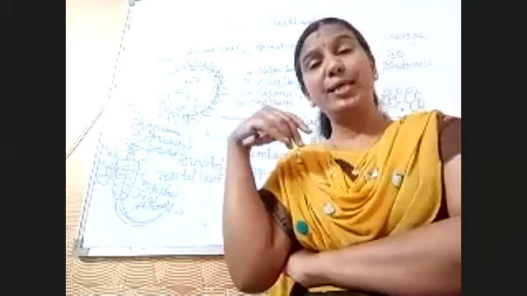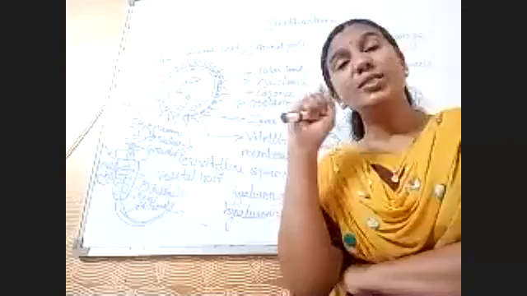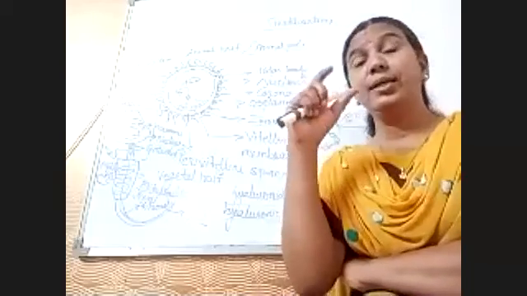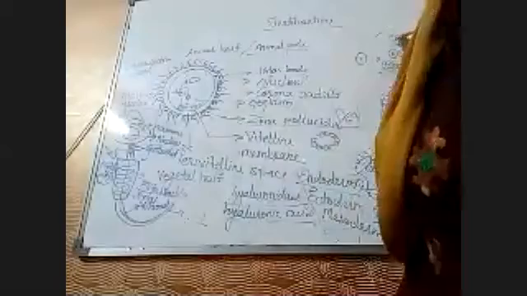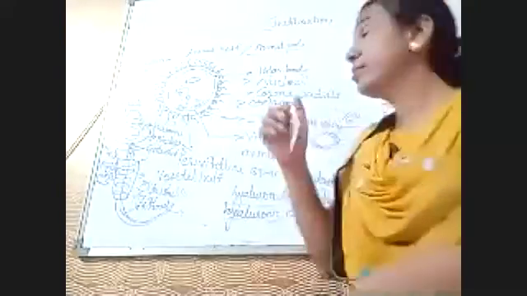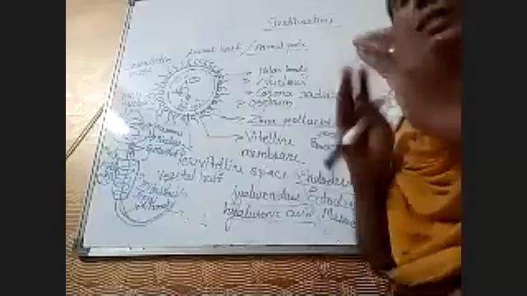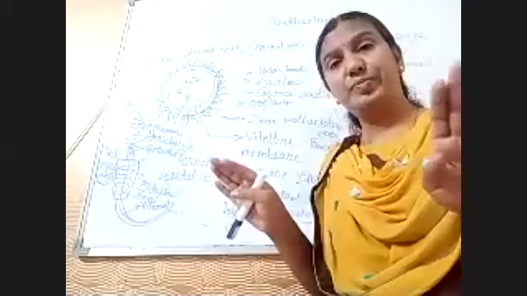What about monozygotic twins? Mono means one. Before the formation of the blastomere, what will happen? This zygote will split up into 2.